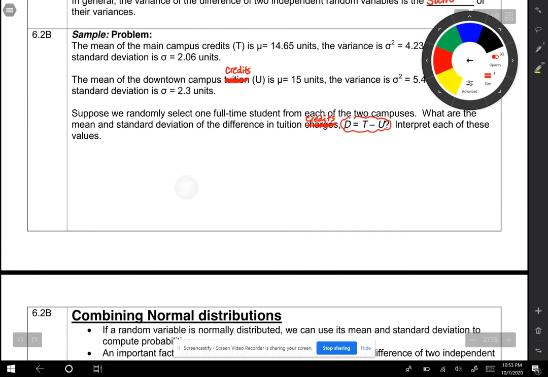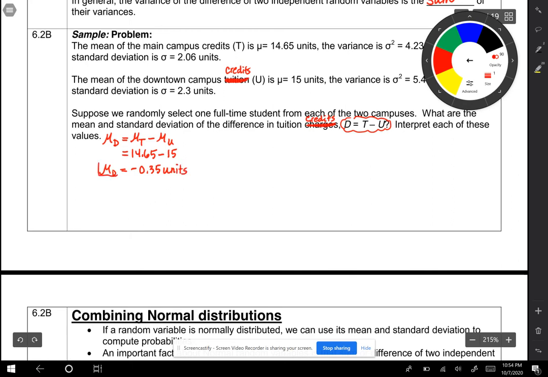So the mean difference is equal to the mean of T minus the mean of U. So the mean of T is 14.65 minus 15. It's okay to have a negative answer. So the mean difference is equal to negative 0.35 units. We'll interpret that in a second.